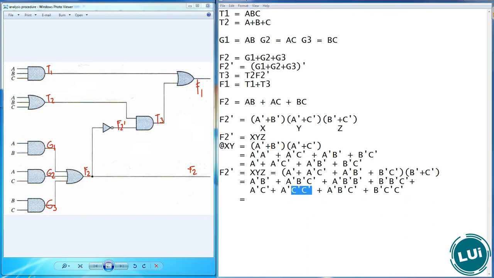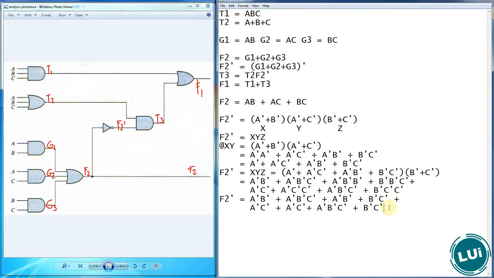So after simplifying that, F2 prime will become A prime B prime, A prime B prime C prime, and so on through the remaining terms.